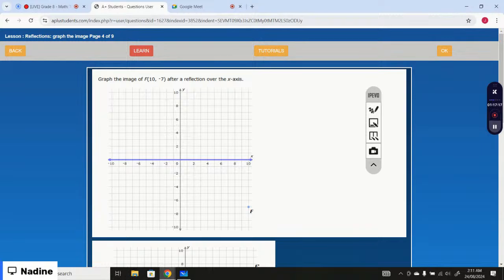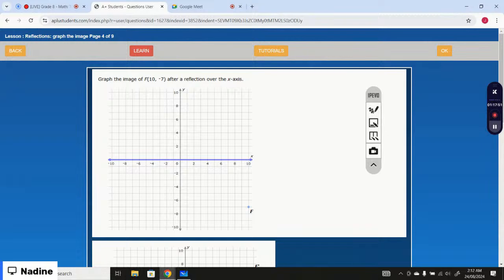Graph the image of F (10, negative 7) after a reflection over the x-axis. So which is the correct option? That is the reflection over the x-axis, right?